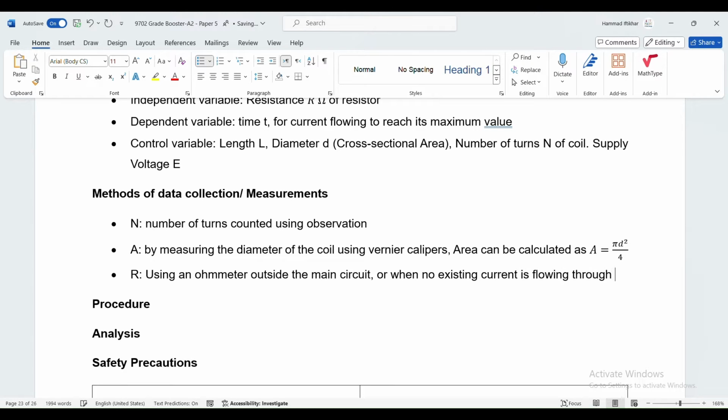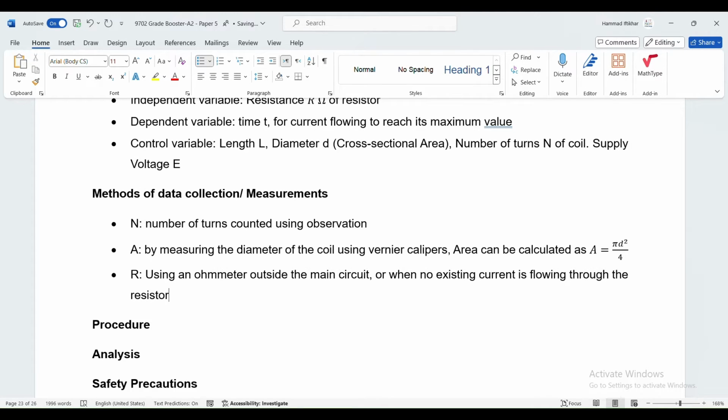So remember this. Whenever we need to measure the resistance of a resistor using an ohm meter, we do it away from the main circuit. When existing current is flowing, it will alter the ohm meter reading. Okay, right. R is done. Length using a ruler.